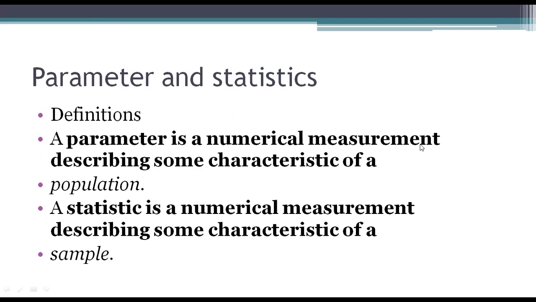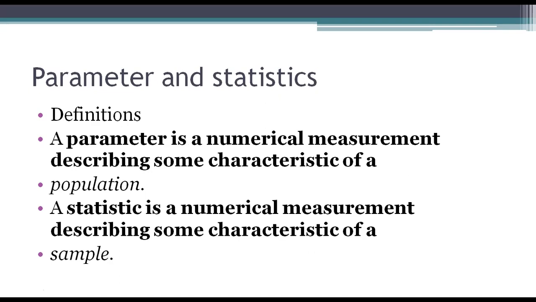A parameter is a numerical measurement describing some characteristic of a population. When you make results with the help of the population, and you question every person one by one, make a survey and make some conclusions, and you apply formulas, then those numerical measurements are parameters.